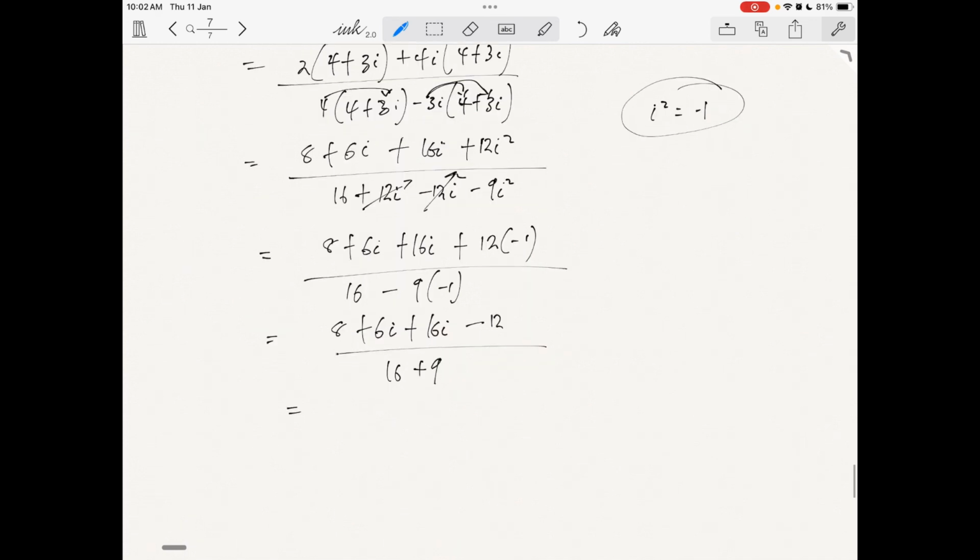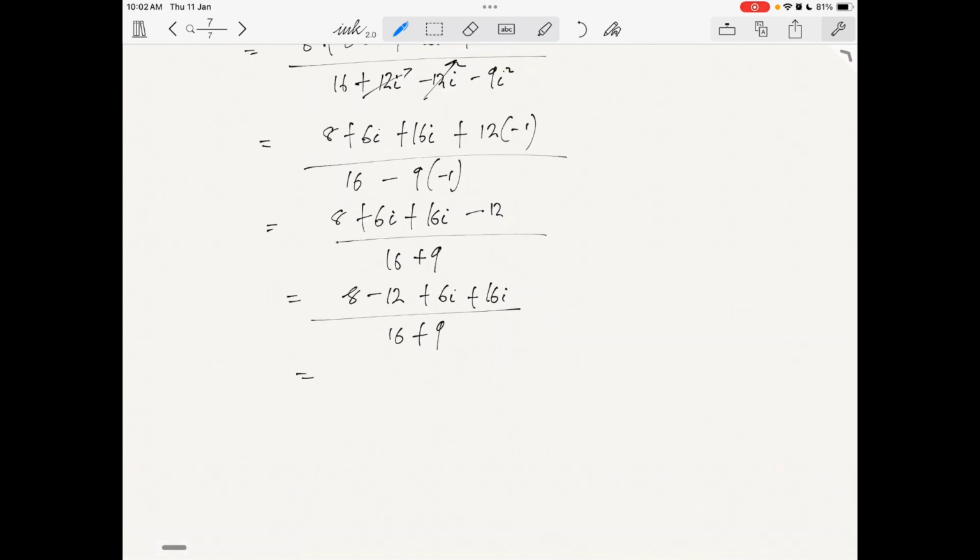So in essence, we bring the like terms together. Bringing the like terms together, we have 8 minus 12 plus 6i plus 16i, divided by 16 plus 9. So 8 minus 12 is minus 4, and 6 plus 16 will give us 22i, divided by 25.